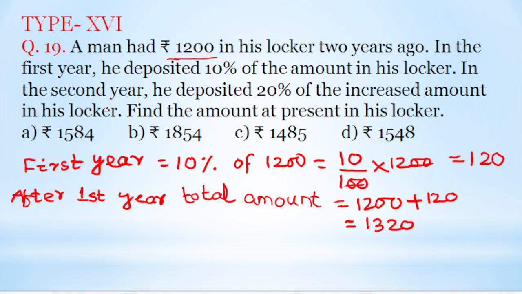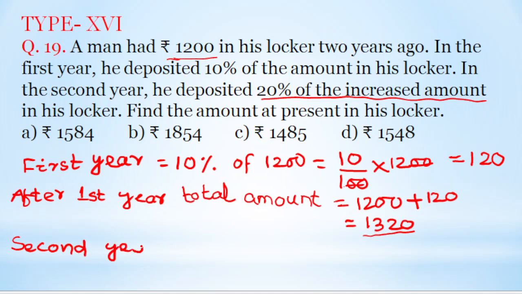Now in the second year, he deposited 20% of the increased amount. Here it is written 20% of the increased amount. Increased amount is 1320. So in the second year, he deposited 20% of increased amount.